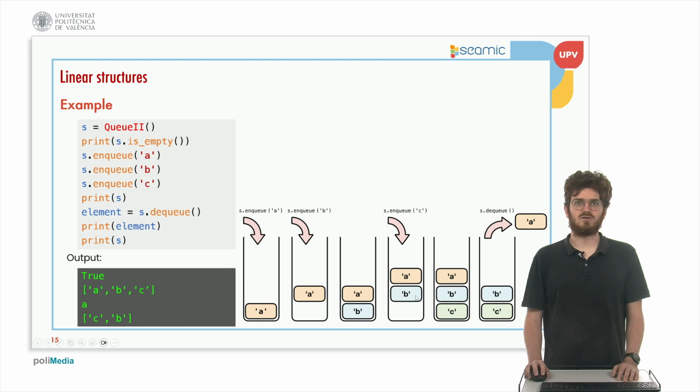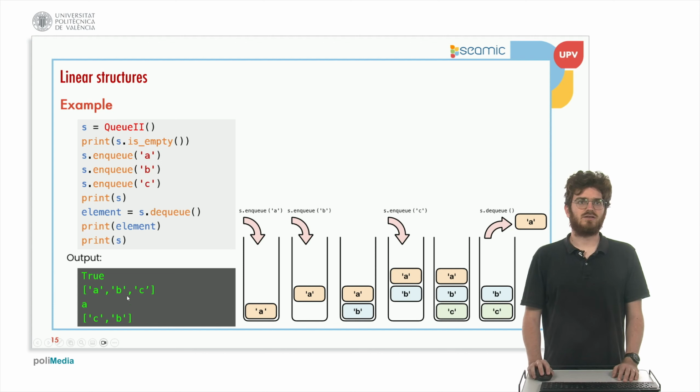If we want to insert the C, we move every element up by one, and this is a linear operation, so it costs a small amount of time per value that we already have in the queue, and only then we can add the other element. The good news is that in this case, removing elements from the queue is very, very cheap, because the pop operation only needs to remove the last element of the queue, and that operation is very, very cheap.